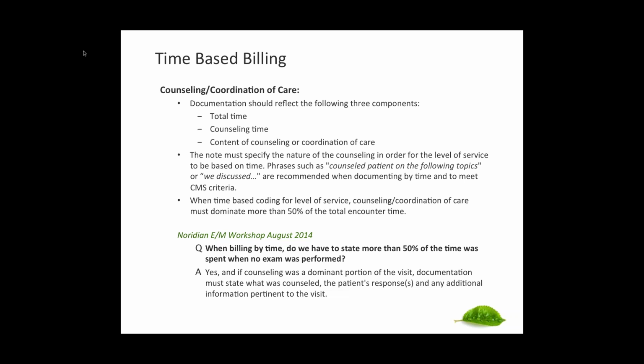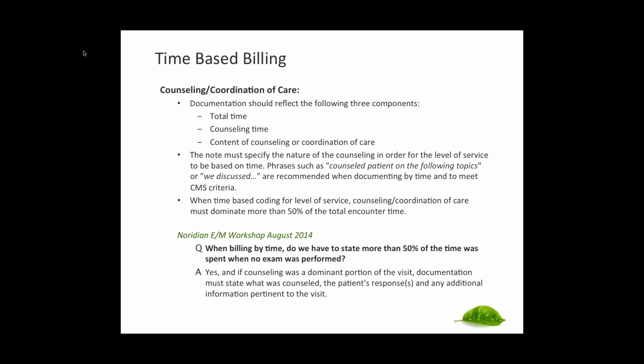The second thing is the time. And again, MACs have totally different opinions on how time should be documented. So I will just speak from our MAC and how they have asked us to do it. They don't give a really objective way that they always want it this way. But if the total time is documented and a percentage, for example, spent a total of 60 minutes with the patient, over half of which, or a majority of which, or 50% of which was spent on counseling the patient on these different things.